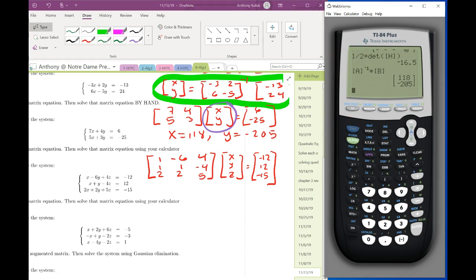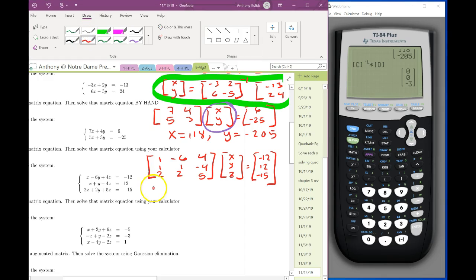So in my calculator, all I need to do is type C inverse times D. And that tells me that my solution is x equals 0, y equals 0, z equals -3. Everybody okay with that? Again, not too bad there, right?